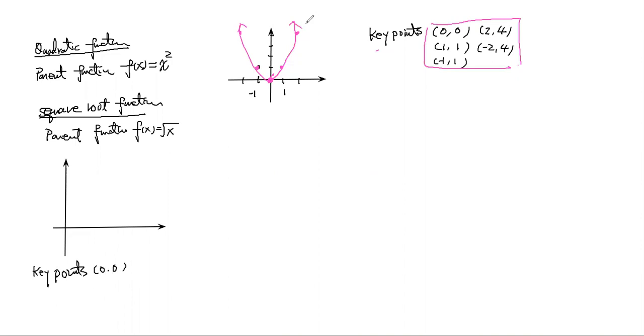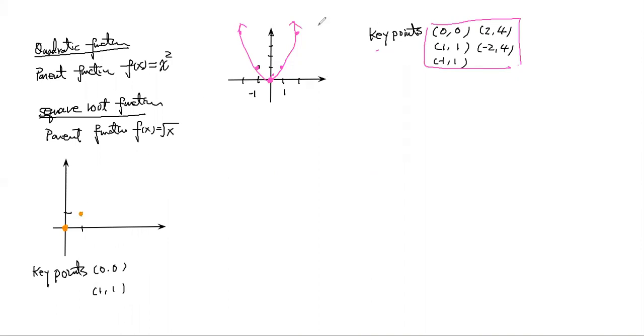So when x equals 0, I have 0. The next point is 1, 1. That means when x equals 1, y equals 1.